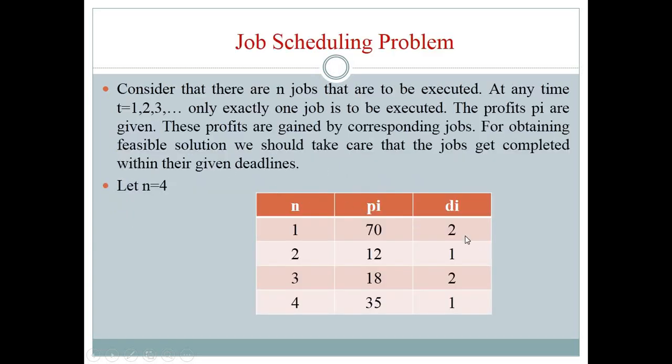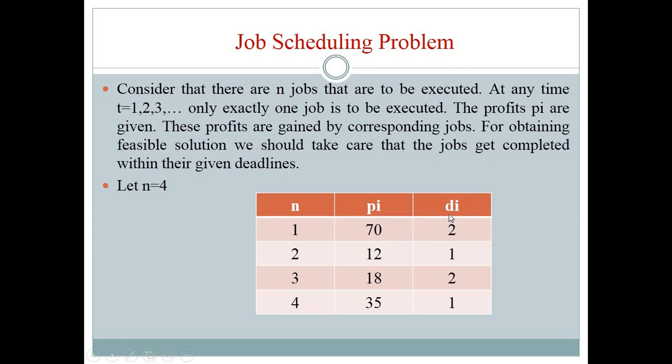For example, here our job number 1 has deadline 2. If we start this job at time 1, then it can be executed and we can also gain its profit. If we start this job at 2 units of time, then it will be executed and it will gain its profit 70.